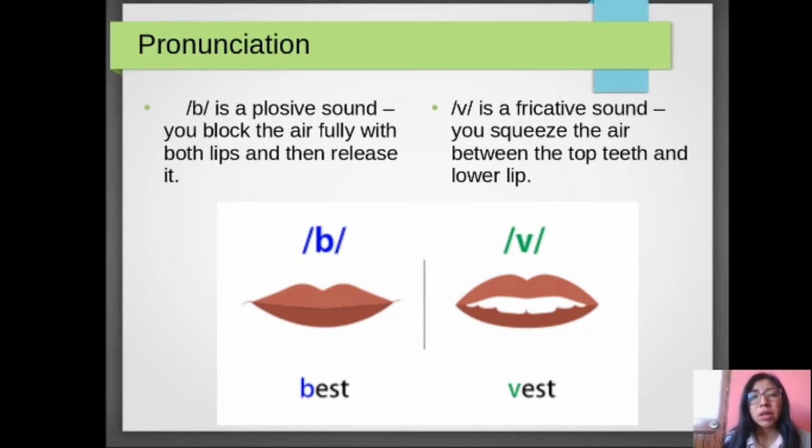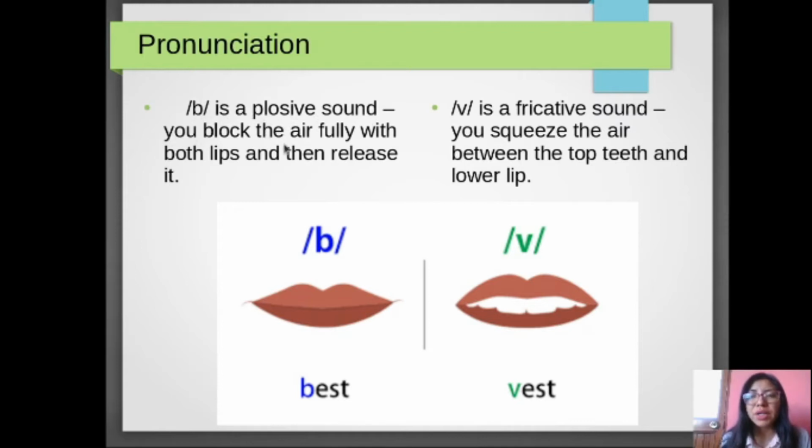At the beginning, we are going to review the pronunciation. So in order to pronounce, obviously we have to use our lips, the upper lip and the lower lip, okay? And the teeth. We are going to see the pronunciation of the first consonant, okay? The consonant B is a plosive sound.